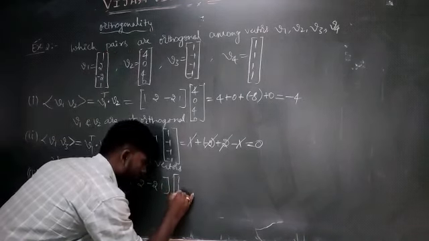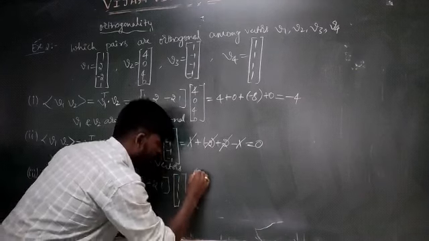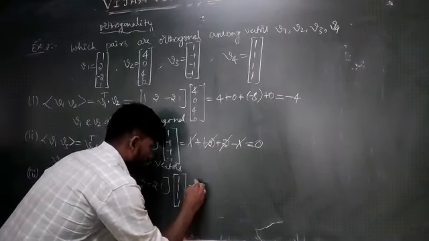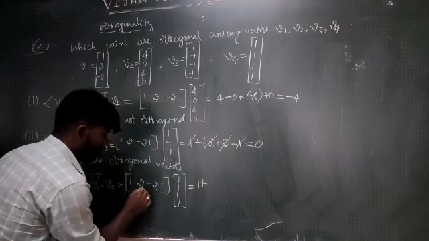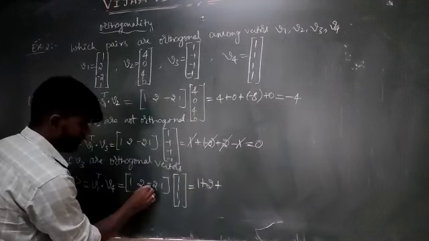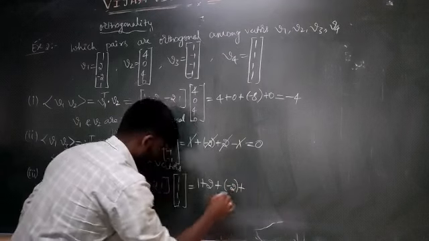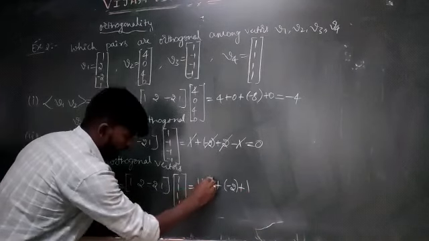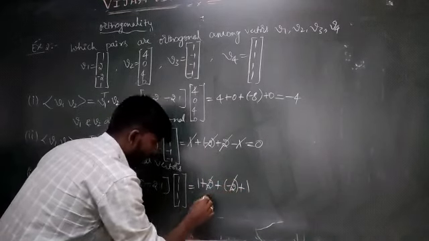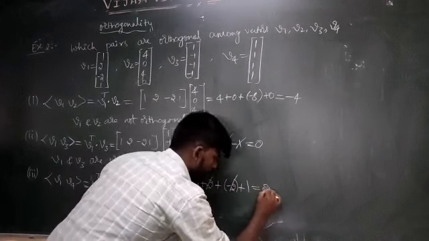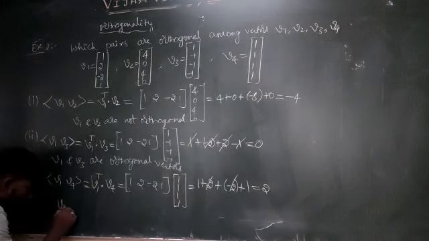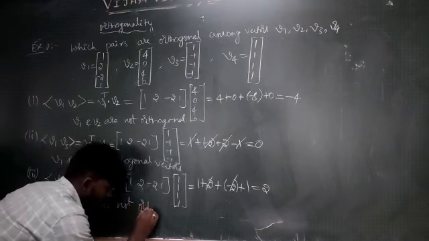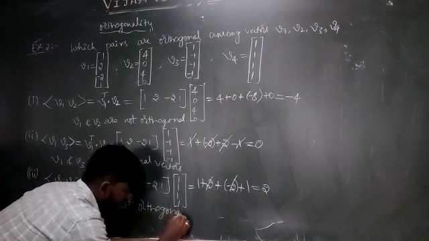Multiplying gives 1 into 1 is 1, plus 2 into 1 is 2, plus -2 into 1 is -2, plus 1 into 1 is 1. The 2 and -2 cancel, and 1 plus 1 gives 2. Therefore v1 and v4 are not orthogonal vectors.